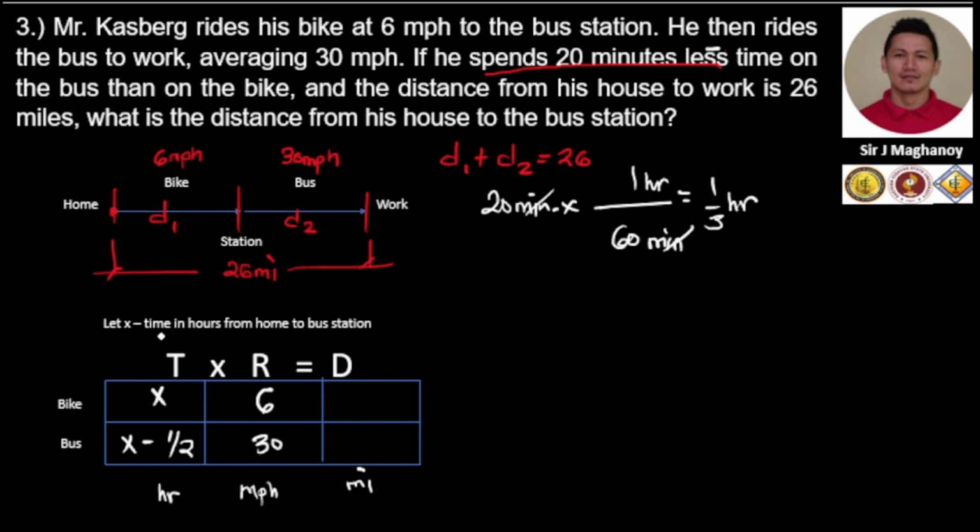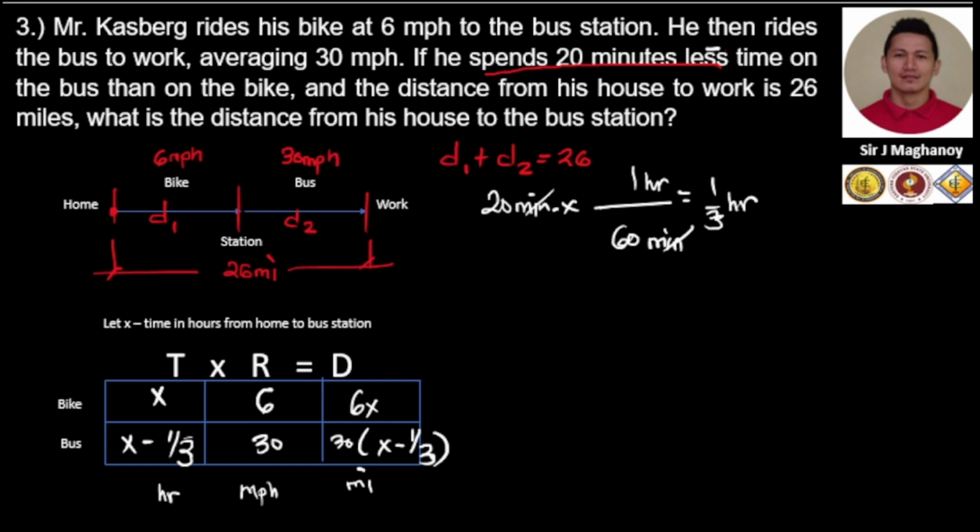Using our formula, time times rate is equal to distance. This will become 6x for the bike, and this will become 30 times the quantity of x minus 1/3 for the bus.